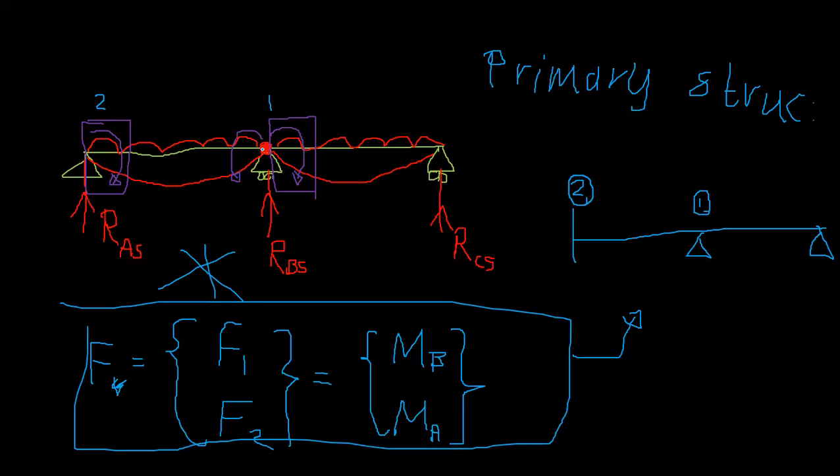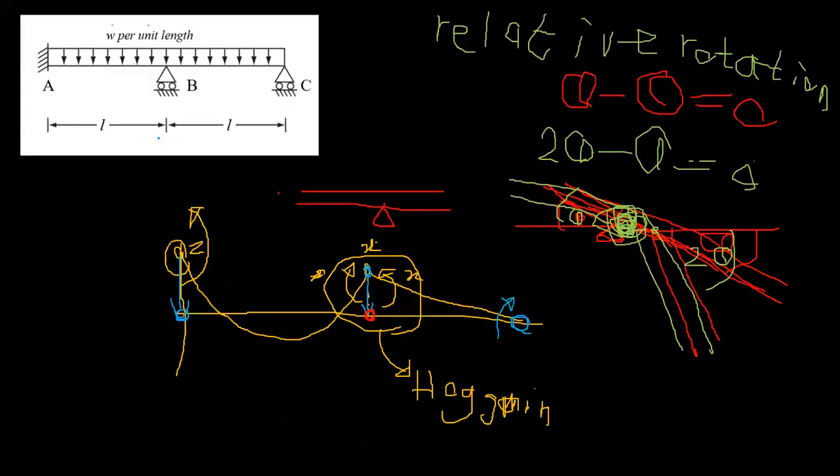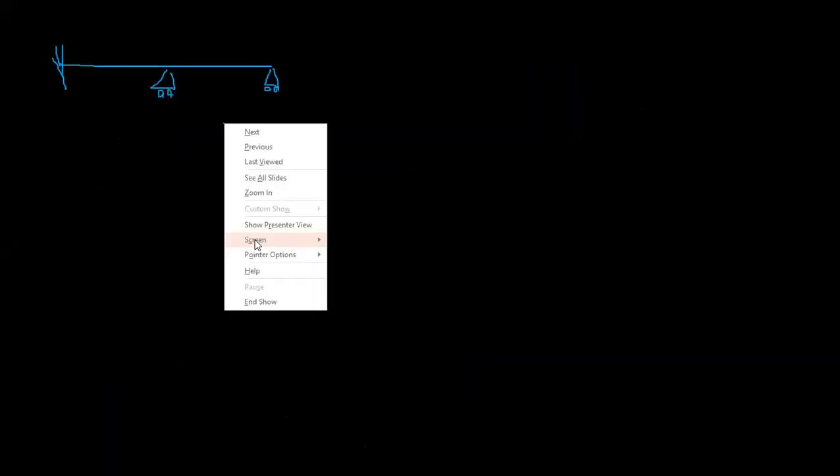So if you introduce a hinge here, in the primary structure at the first coordinate and second coordinate you don't have any bending moment, 0, because of the hinge. This is for the original structure. Again, I will draw this one. This was our original, with a roller.